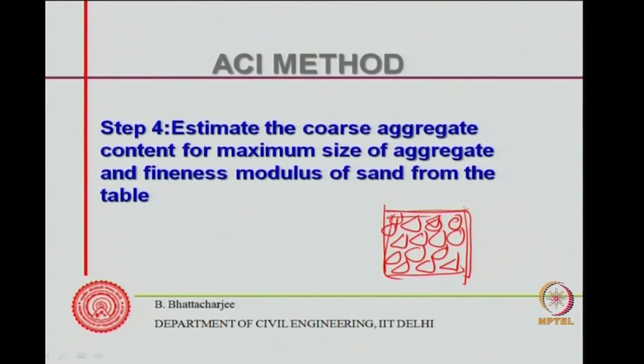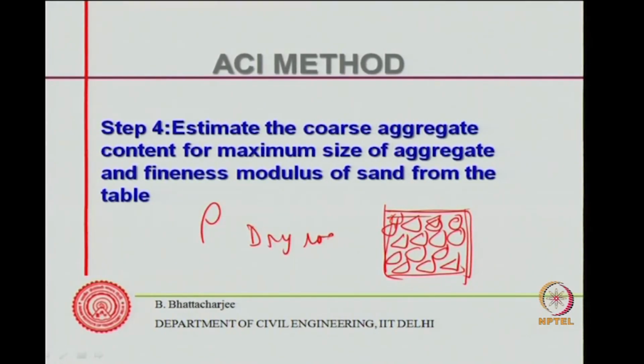This volume we can find by first filling the container with water, then putting in the aggregate and finding the mass of the aggregate. If you know this mass, then this will be the dry rodded density.